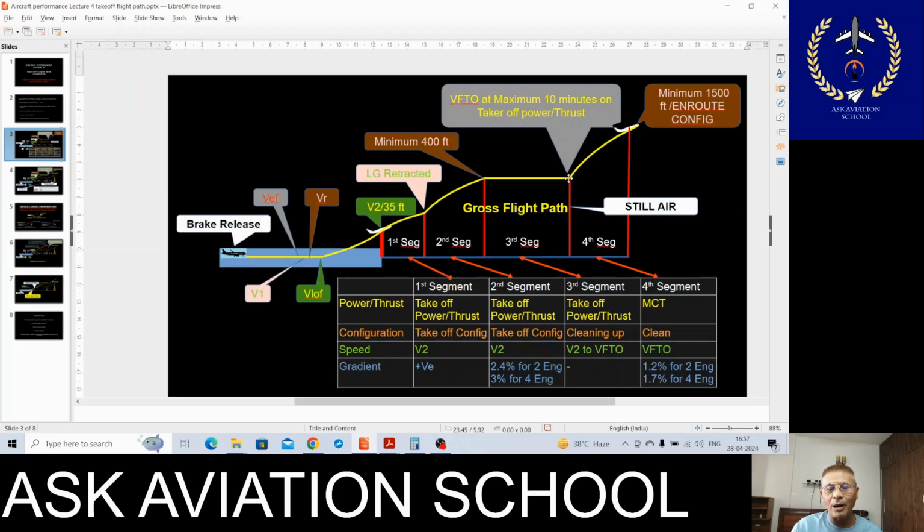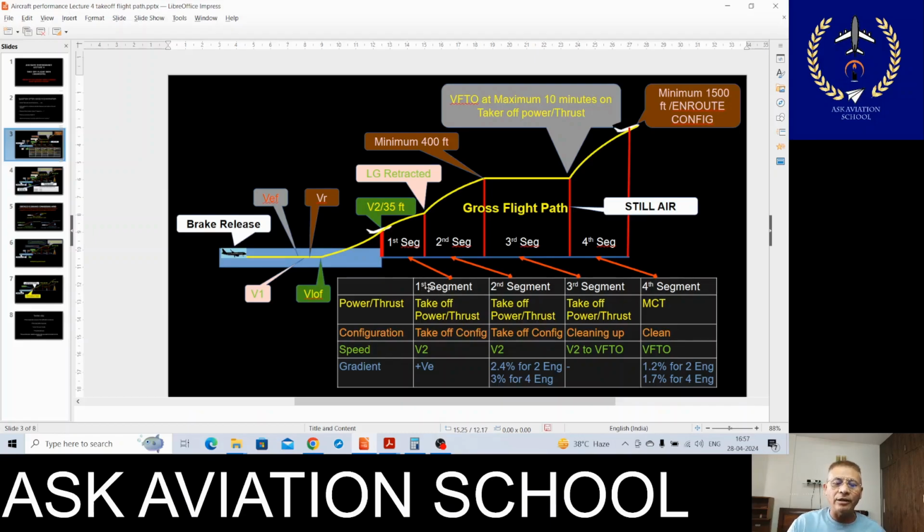Once the takeoff power has been reduced to MCT, the aircraft will start climbing up to a minimum of 1500 feet above the ground or en route configuration, whichever is higher. So these are the different segments, and we will see some more characteristics of these different segments.